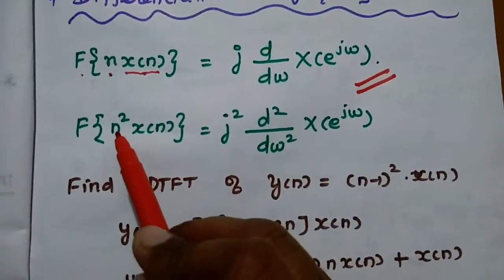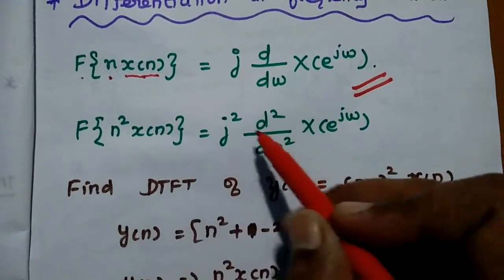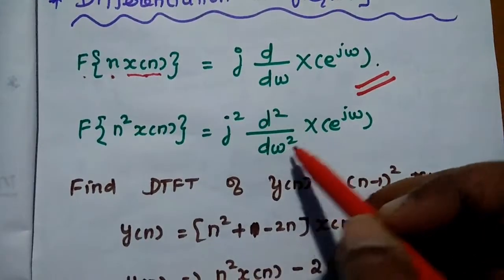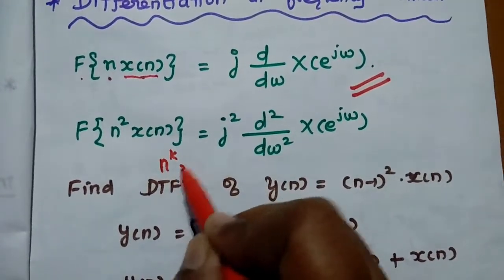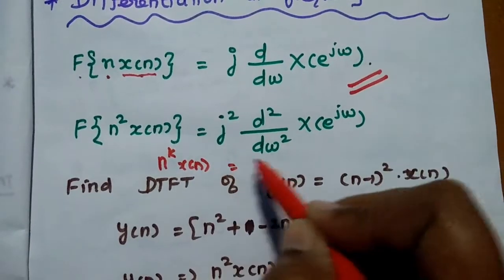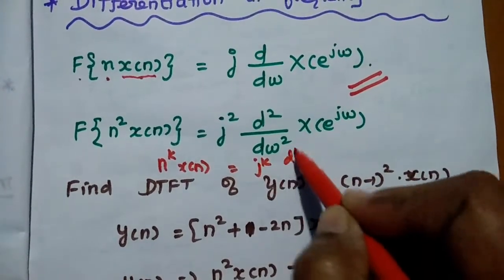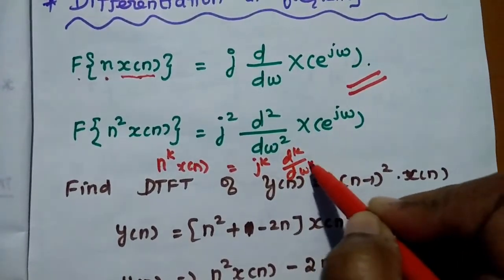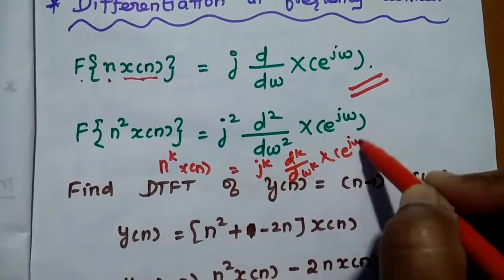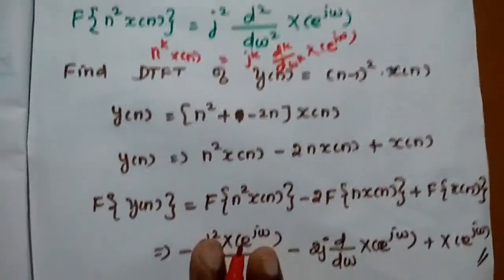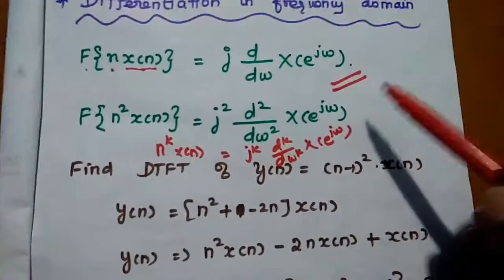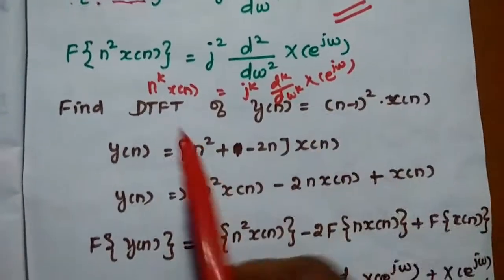If it is n squared, it means j squared d squared by d omega squared X of e power j omega. So it goes on. So n power k into x of n is j power k d power k by d omega power k X of e power j omega. This k can be 3, 4, 5, whatever it may be. Okay.